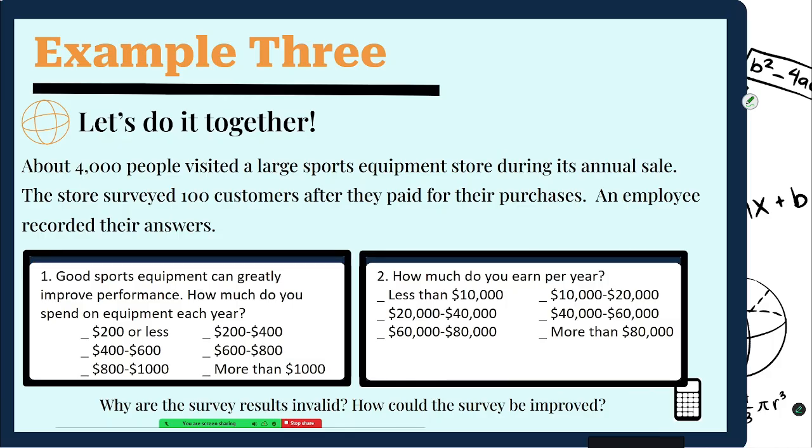There's $200 or less, $200 to $400, $400 to $600, the $600 to $800 range, the $800 to $1,000, or more than $1,000. Once you check one of those, the second part of the question says, how much do you earn per year? Do you earn less than $10,000, between $10,000 and $20,000, between $20,000 and $40,000, $40,000 and $60,000, $60,000 and $80,000, or more than $80,000?